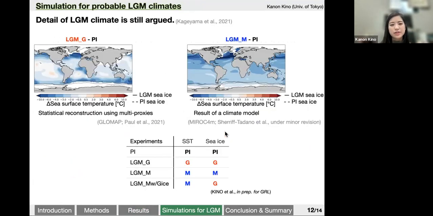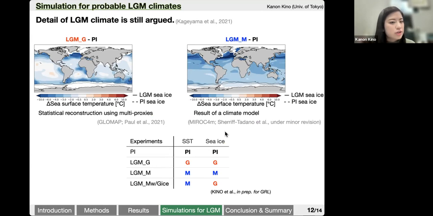By using the same isotope-enabled atmospheric climate model, I simulated some probable LGM climates, because the details of the LGM climate are still debated. So I input two different sea surface reconstructions into the climate model and reproduced the probable LGM climate.